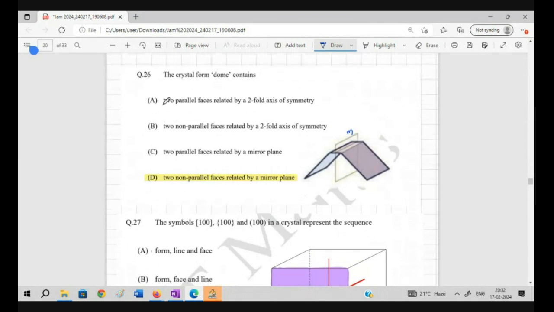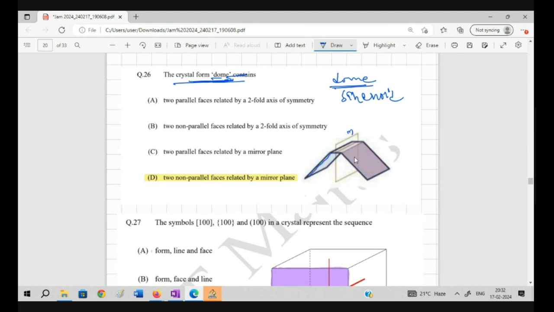Now let's see the next one. It is asking about the dome, the crystal form dome. If you remember the crystallographic forms, there are two forms: one is dome, another is sphenoid. In the dome, the two non-parallel faces are correlated by a mirror plane itself. You can see this picture.